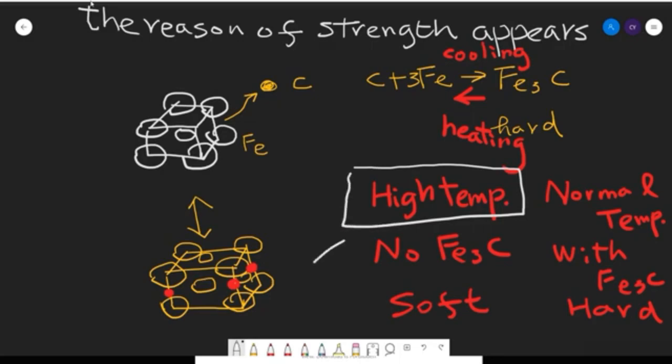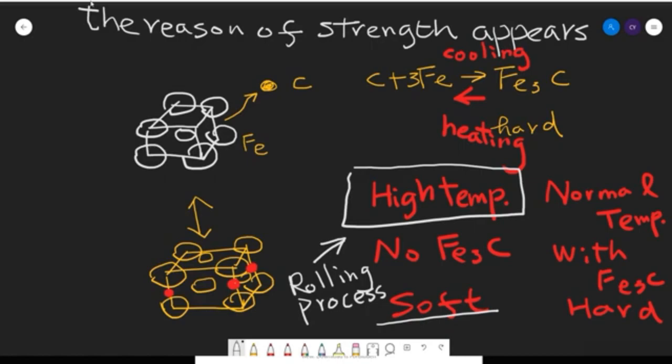So we need to do what we call the rolling process, because in high temperature it's very soft, so we can do the rolling process. Okay, this is the reason.